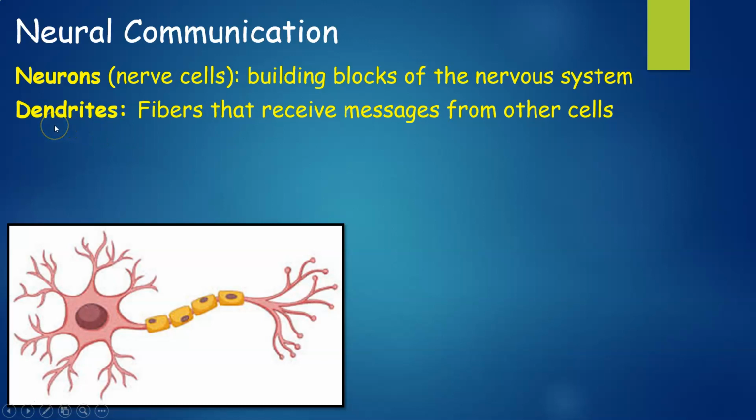Now, in the tank, I had said that the tank has an antenna. For the neuron, they're called dendrites. These are the fibers that receive messages from other cells. So, much like a tank would receive information from an antenna, the dendrites are the fibers that receive messages from other cells.